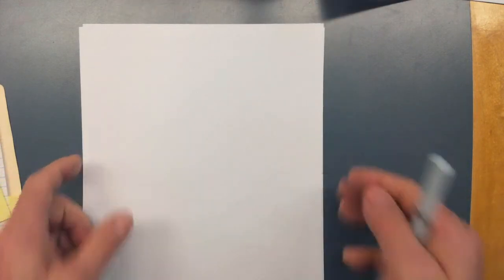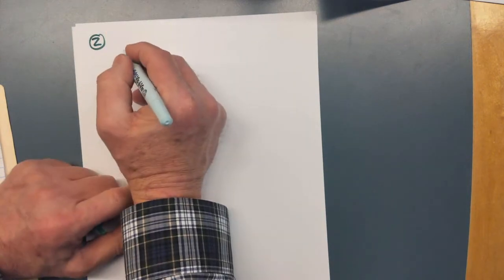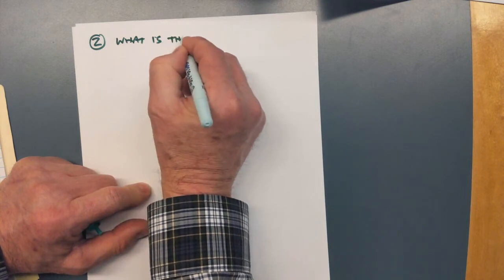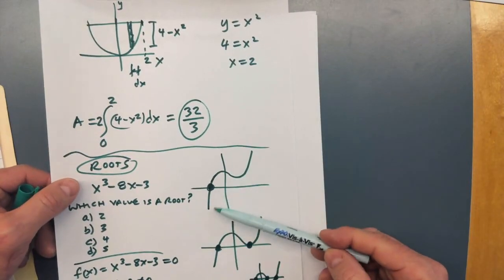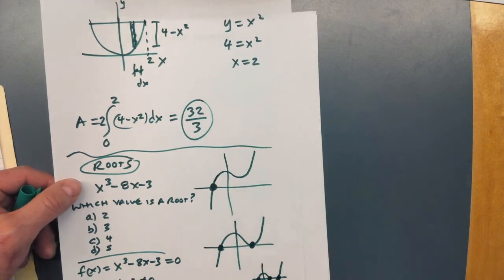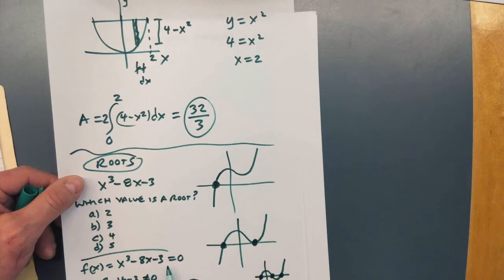This is an interesting one. So the second root problem is, what is the function? Notice that on the previous problem, in the first case, we cross the axis once, but it's a cubic. So there are three values for x that make this equal to 0.